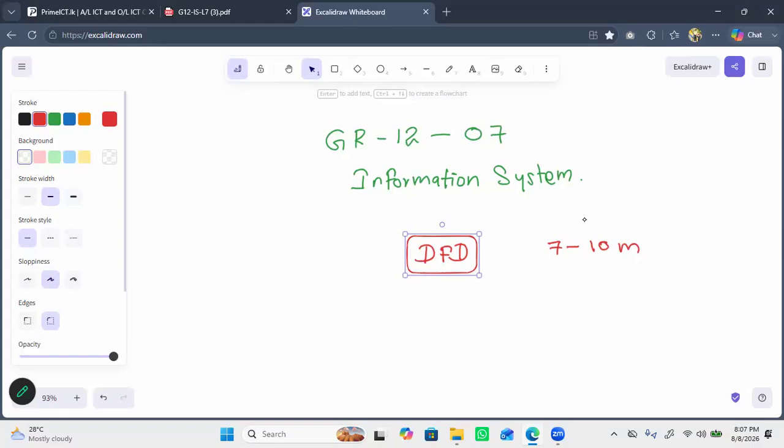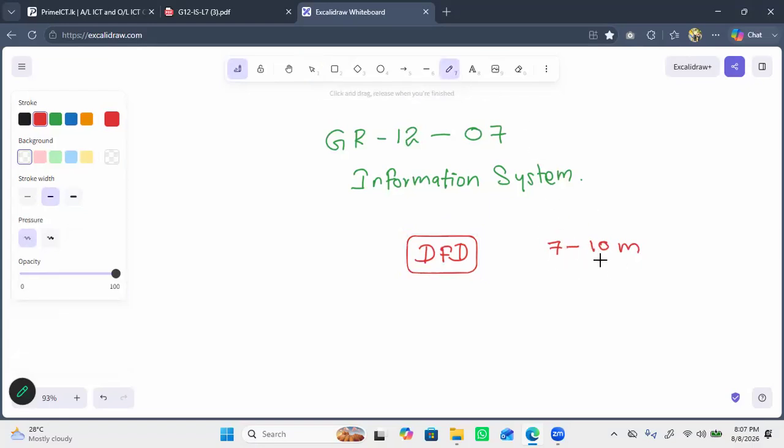From the MCQ section there are a minimum of 2 questions, and from the structured essay you sometimes get around 5 to 10 marks as well.